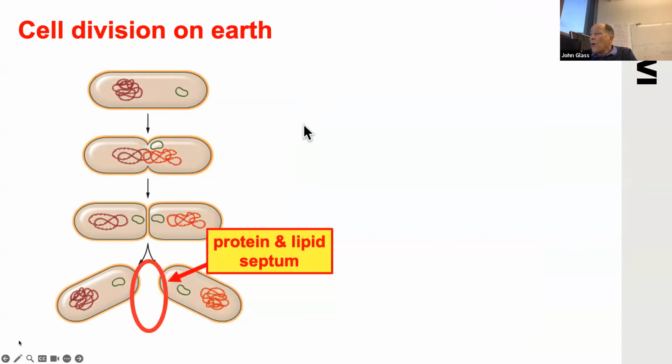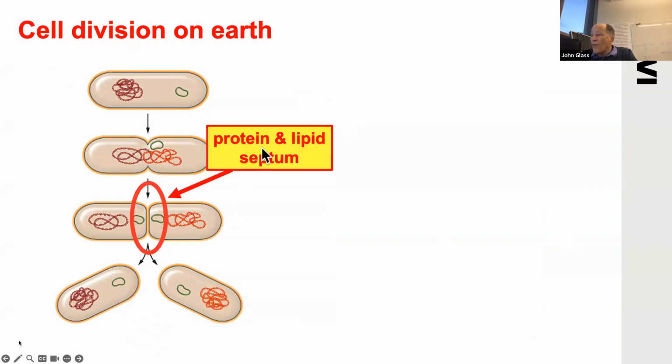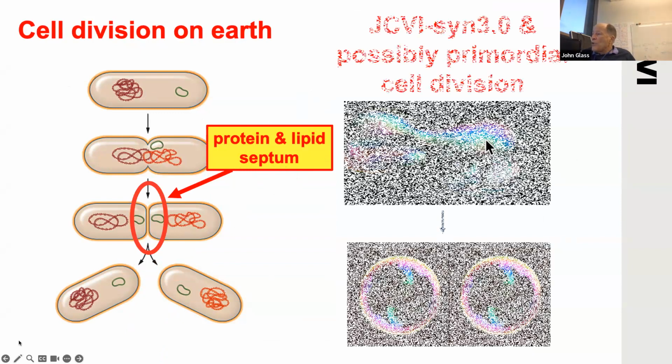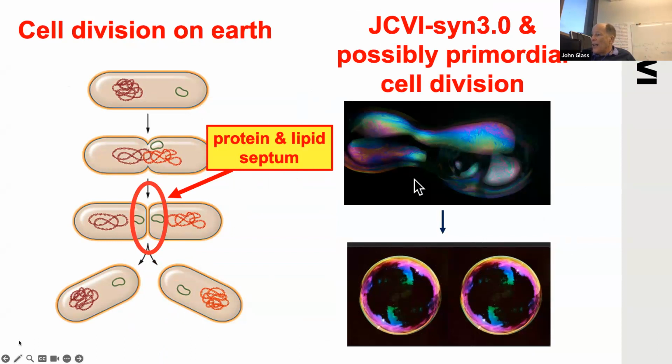What if before modern cell division evolved to produce a protein and lipid septum, instead you got something like this, where you got a vesicle encased in lipid, and as the membrane kept accumulating more membrane chemicals, phospholipids, the cells eventually divide without making a septum, but based on the physics of membrane curvature.